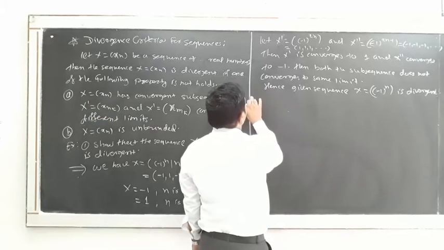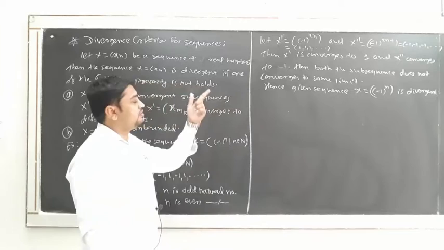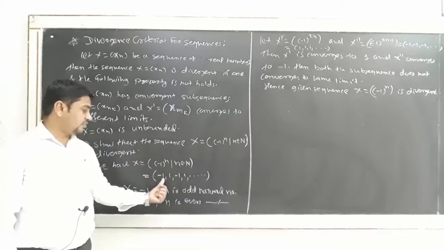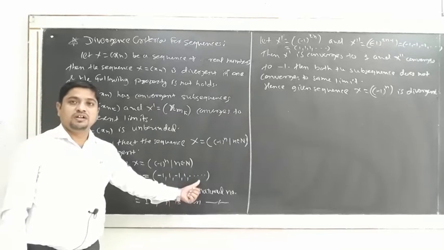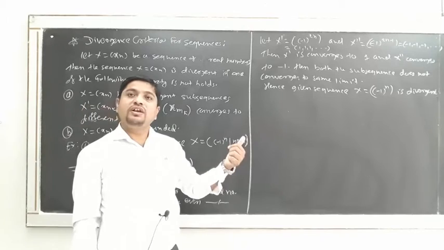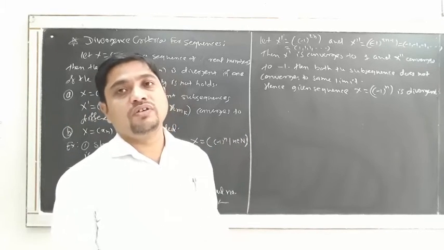Similarly, you can prove this for many sequences. This type of sequence is called an oscillatory sequence. Oscillations are there. Similarly, you can take 1, 0, 1, 0, 1, 0 as an oscillatory sequence; you get a subsequence that is the constant sequence 0 and another that is the constant sequence 1.